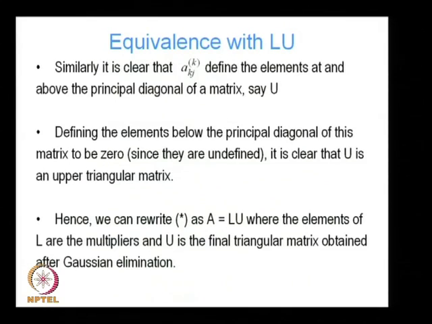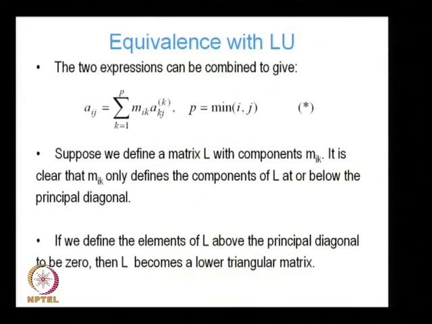Similarly, it is clear that a_kj define the elements at and above the principal diagonal. Why is that? Let us consider the term a_kj. k is being summed from 1 to p, and p cannot be greater than j.